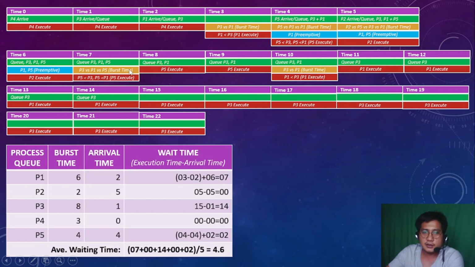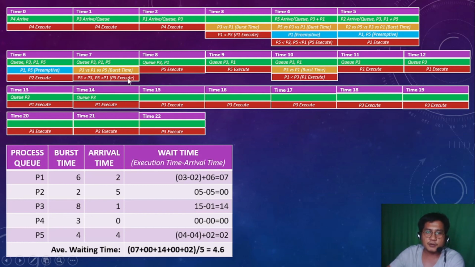Now, at time 7, P3 has still 8 burst time, while P1 has now 5 burst time, since it already deducted 1 on the first time it got the CPU, and then P5 has 3 burst time. Now, to compare 3 versus 5 versus 8, P5 has the lowest or the shortest burst time, which is now 3. So that's why P5 will get the central processing unit's attention at time 7.